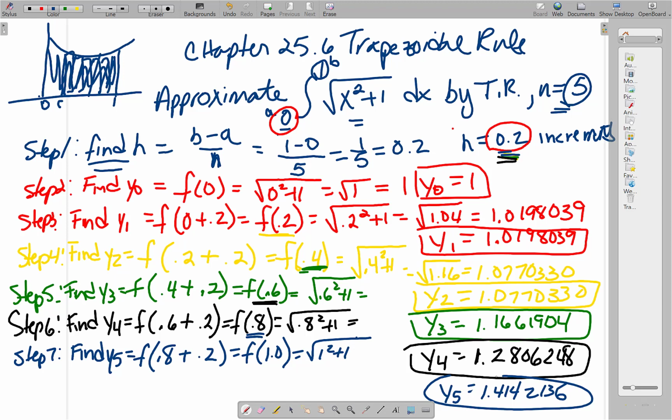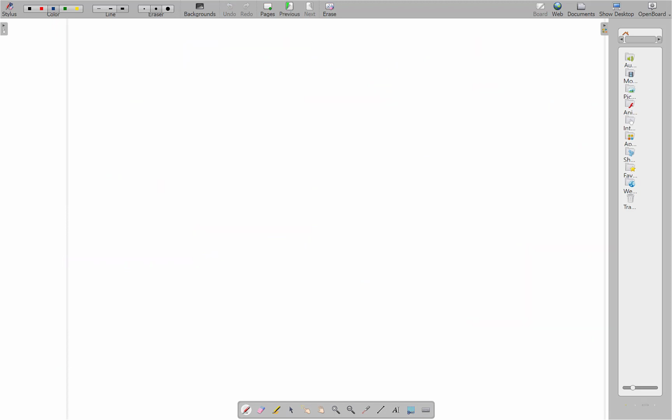We now have to substitute these values into the final formula. So I have to go to a new page. Let's see what we have. So our formula for the trapezoidal rule looks like this.